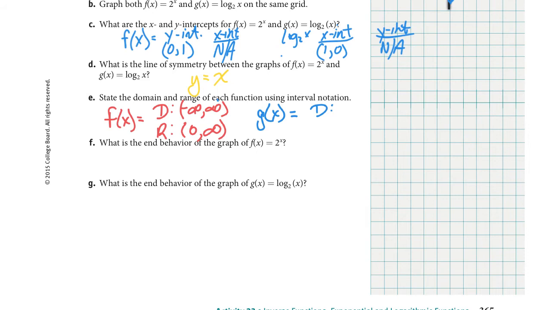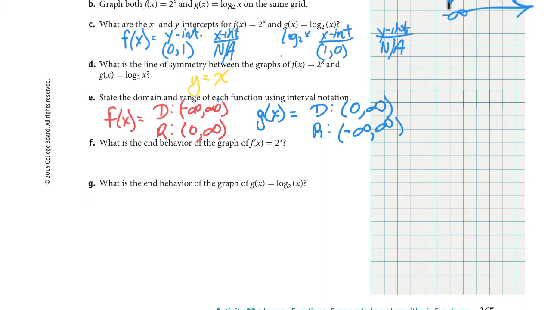So the domain of this is going to be from 0 up to infinity, because this graph continues to run right and it stops at the 0. And if we look at its range, again, range is up or down. Well, it's reaching to -infinity. So we got that going for us. And it's also reaching to +infinity, because the further and further we go right, it's going to continue to grow.